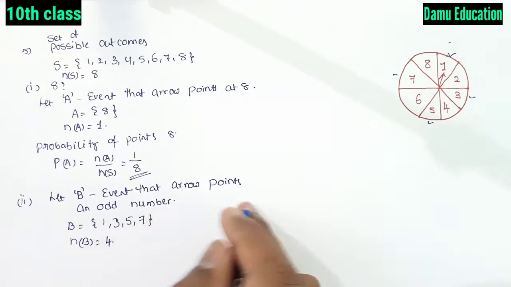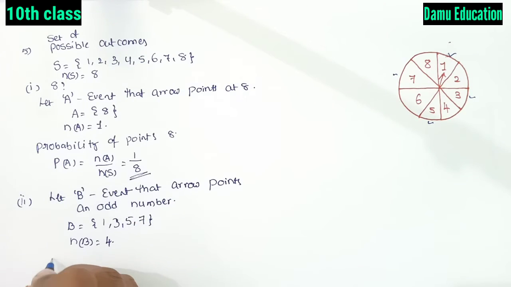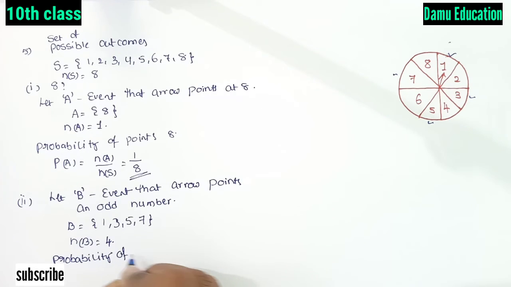Then what is the probability of getting an odd number?